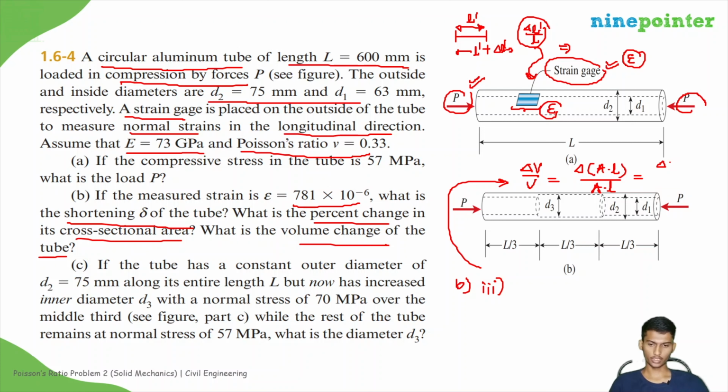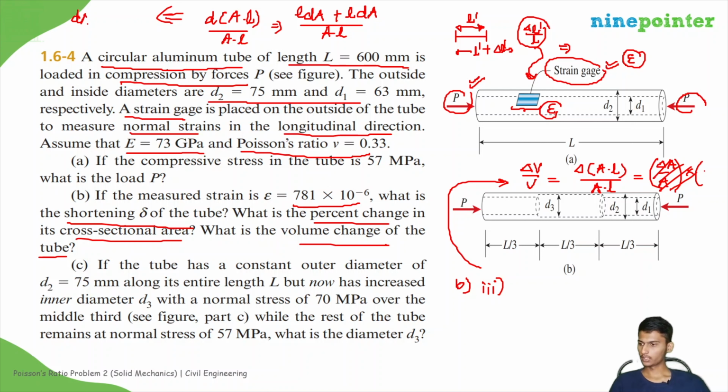So this will be d(AL) divided by AL, so this will be dA into L plus L into dA divided by AL. So that will be equal to dA by A plus dL by L.